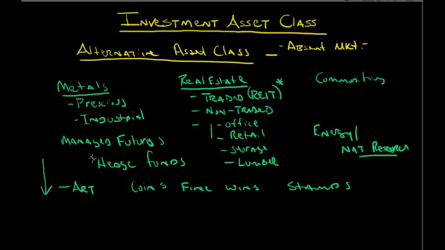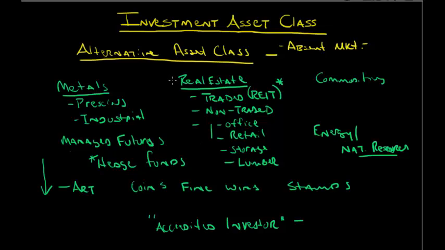So in order to get into a hedge fund, you typically have to be what's called an accredited investor. You can't walk up to the regular Joe Schmo on the street and say, would you like to get into a hedge fund? It's assumed because the accredited investor has more wealth and has more income that they're able to pay someone to help them evaluate what they're about to do.